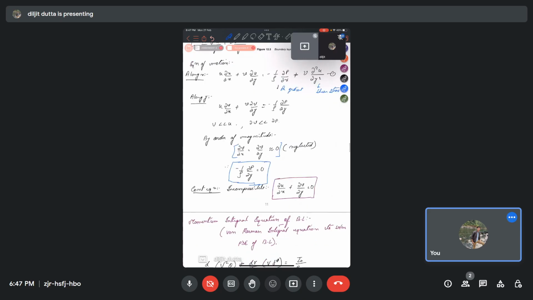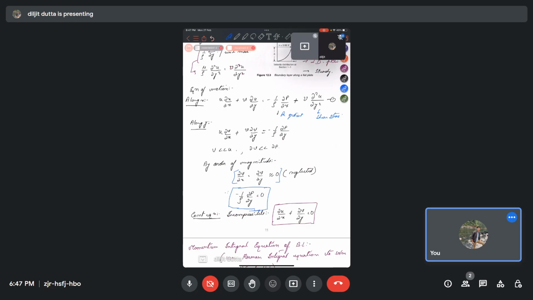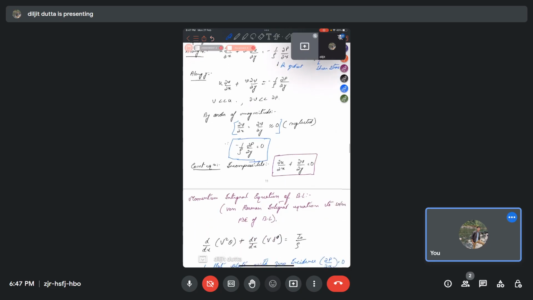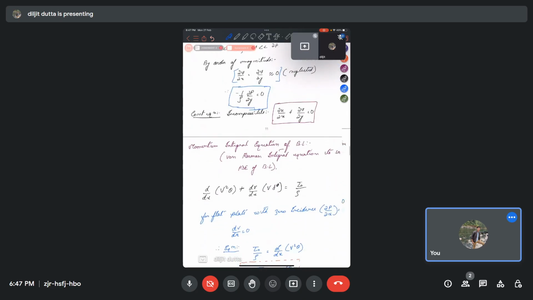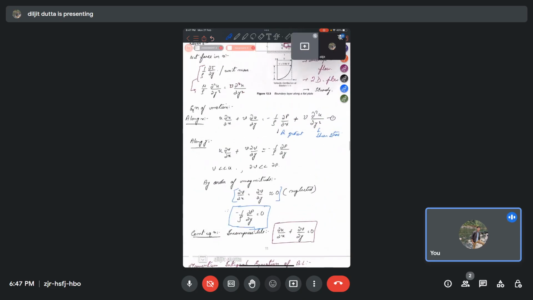So these three equations form the basis of the boundary layer, but these partial differential equations are very difficult to solve directly and analytically in the case of a boundary layer.